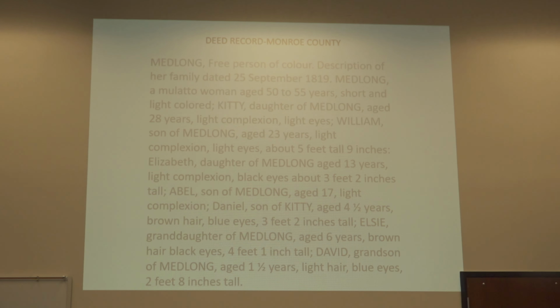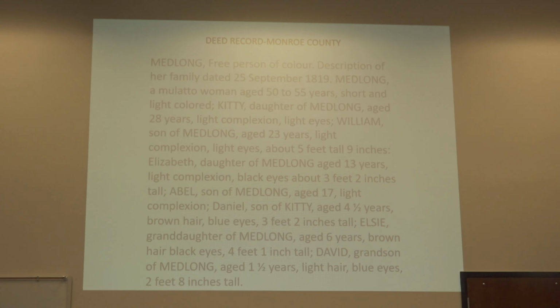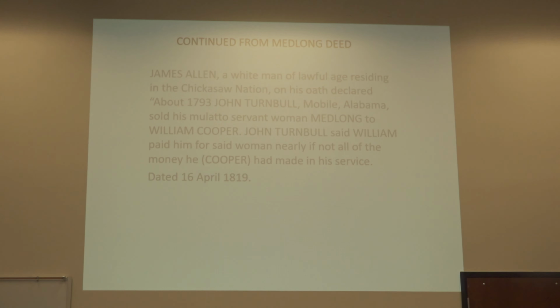And there's a whole long story to go along with this, but we only have a short period of time today. I'm gonna write a book one day about all this funny stuff I find. And this is the part that goes to the deed record previously. In essence, Medlong was sold to a person, and then the former owner found out that the person who bought her was not using her as an enslaved person, but using her as more or less a wife.